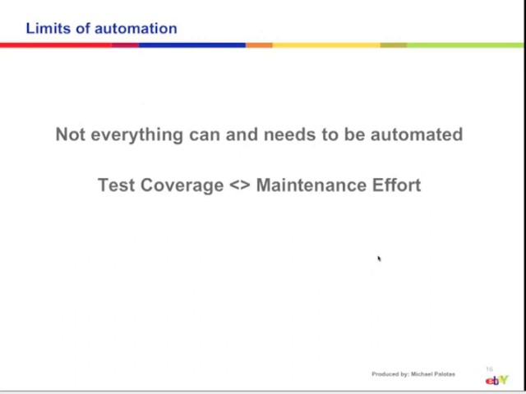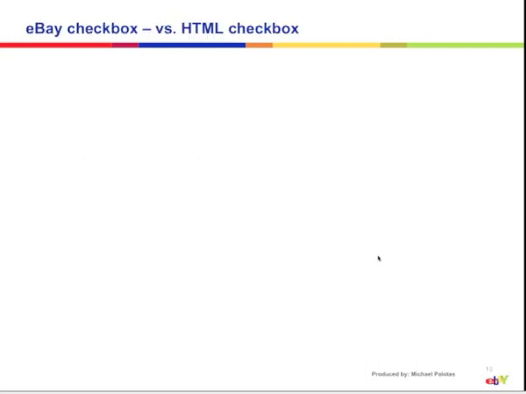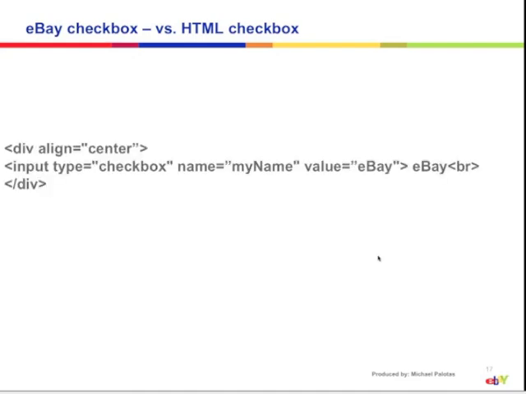adding to it. And then we have low testability, and I'll show a little example about low testability in a minute. And this following example is going to be a very nice example of how testing and development should work together in order to avoid exactly situations like this. So what we have here is a plain old regular HTML checkbox, right?